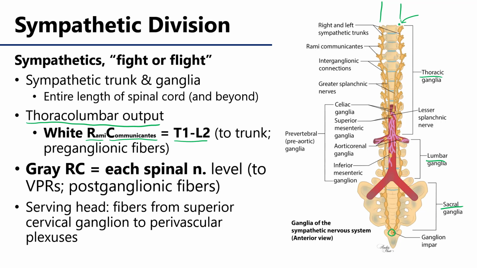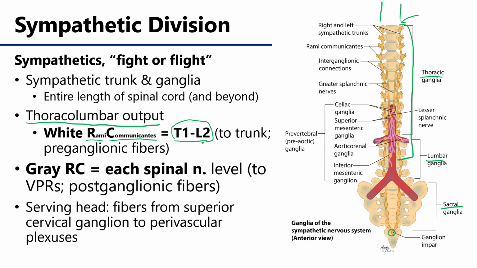So that's about there to there. What that means is the only connection between the spinal cord and the sympathetic trunks are between T1 to L2, and that's going to be significant because there will be no inputs to the trunks above the level of T1 or below the level of L2.